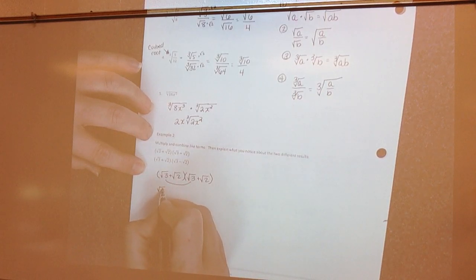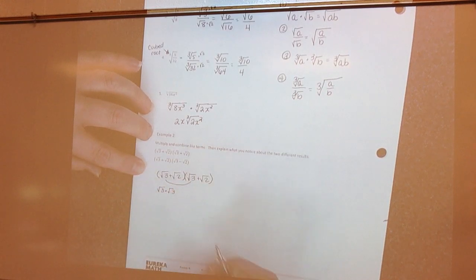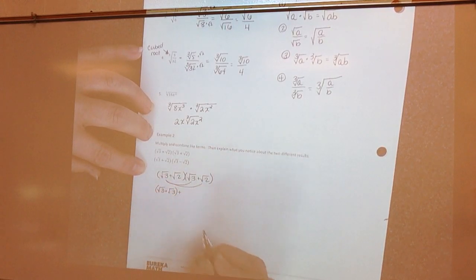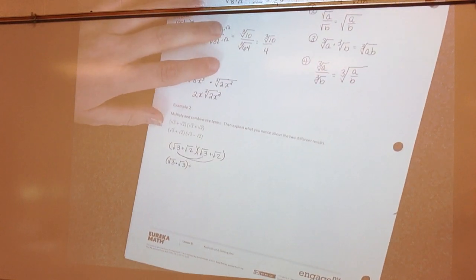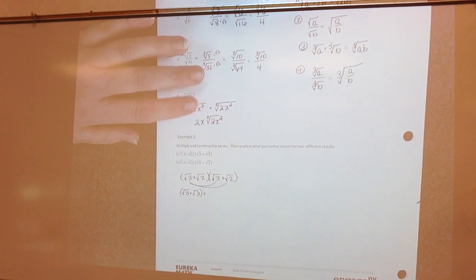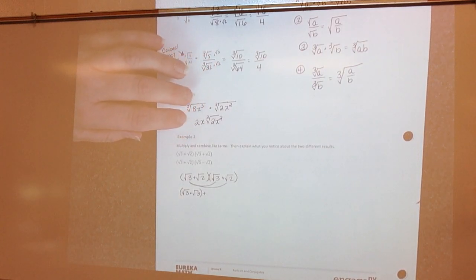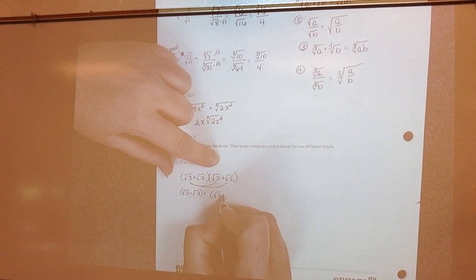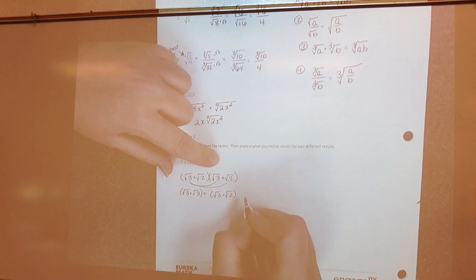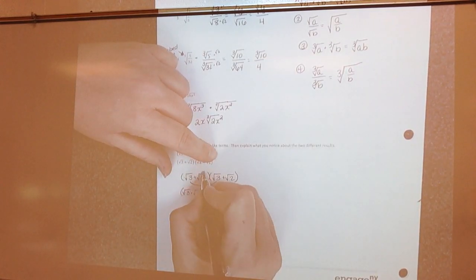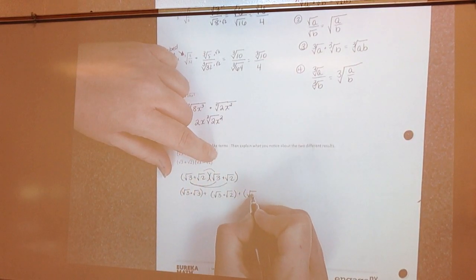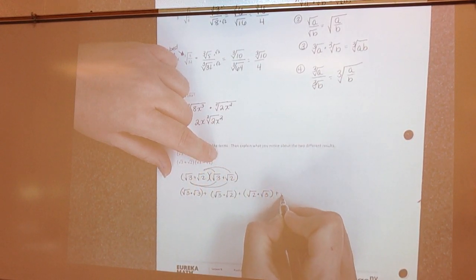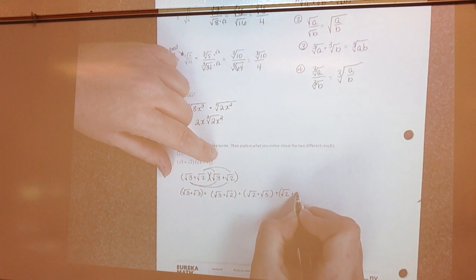We get the square root of 3 times the square root of 3, plus the square root of 3 times the square root of 2, plus the square root of 2 times the square root of 3, plus the square root of 2 times the square root of 2.